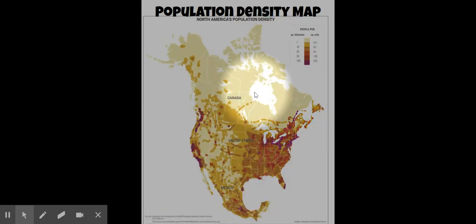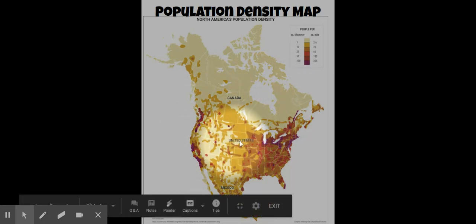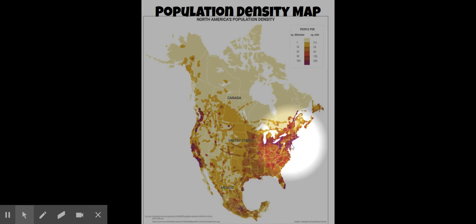Colder climates, such as in the north, will most likely have lower population densities. Population densities are higher along both coasts, the Pacific and the Atlantic, because of trade and transportation, which includes the waterways.